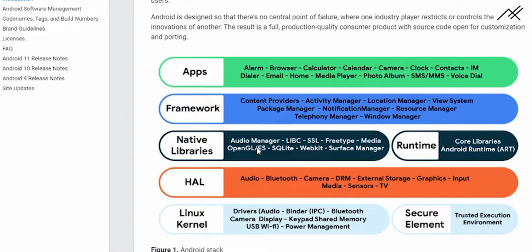I'm not an expert here, but these are all things that will be helpful if we know them. And we have the frameworks and we have apps. These are all the high-end layers which we use, and it will go through all these layers, and at the end it will connect with the kernel.